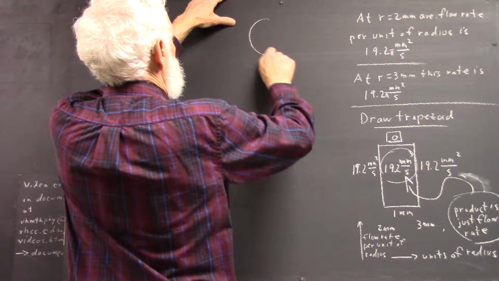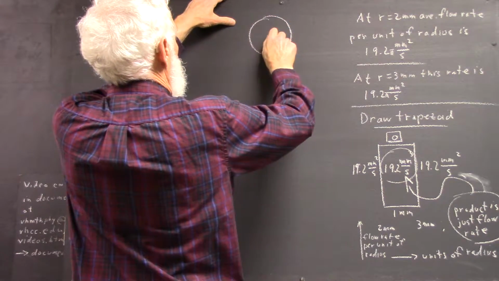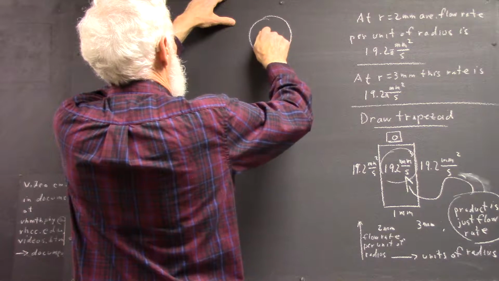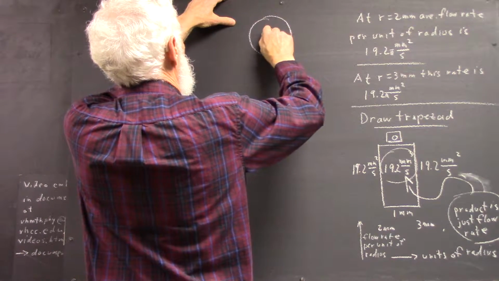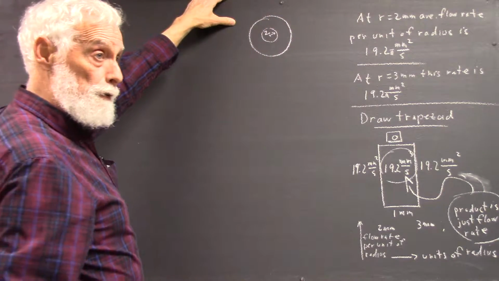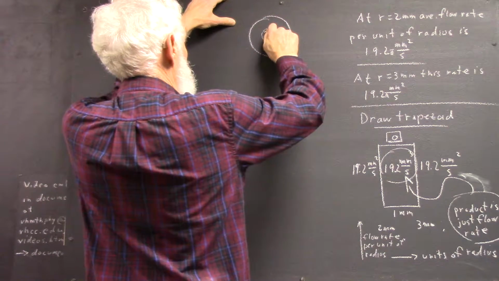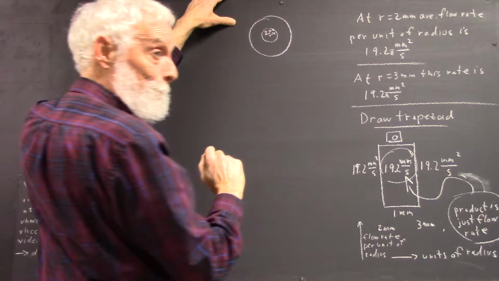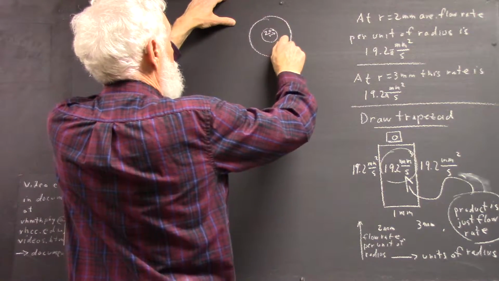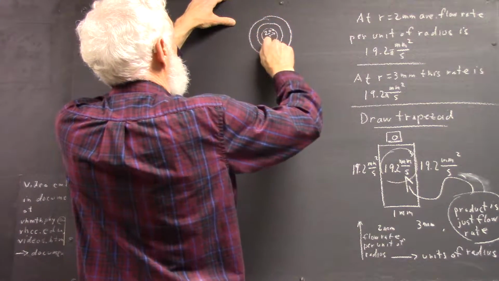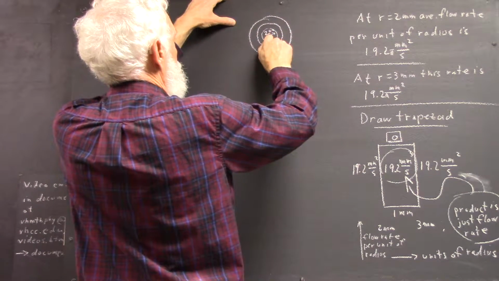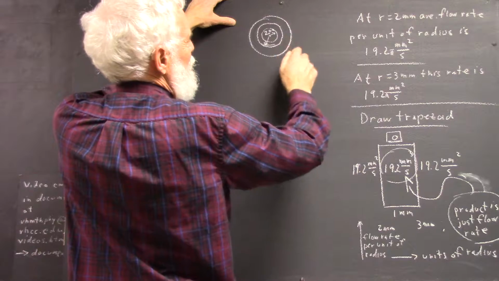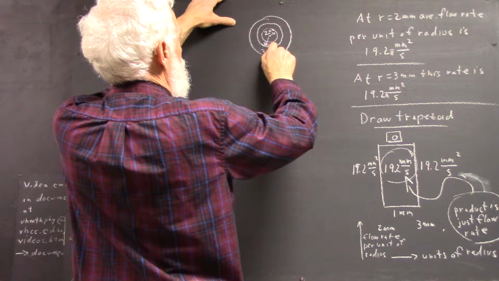So let's look at a cross section here. Here's the center. Here's radius 2 millimeters. I don't have room to write the millimeters, but I'll do it anyway, though you can't read it. And 3 millimeters. There's not a good place to label that, but I'll just say 3 millimeters.